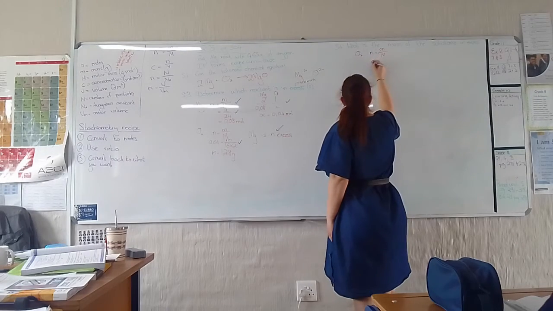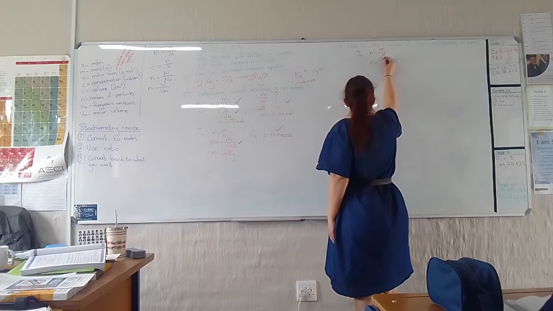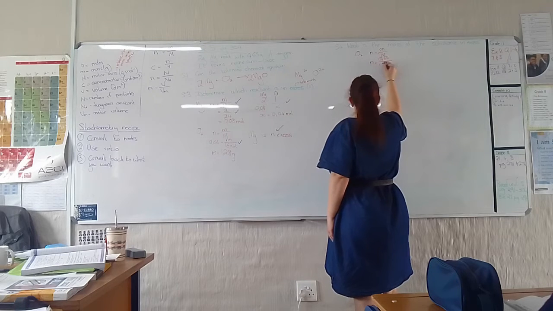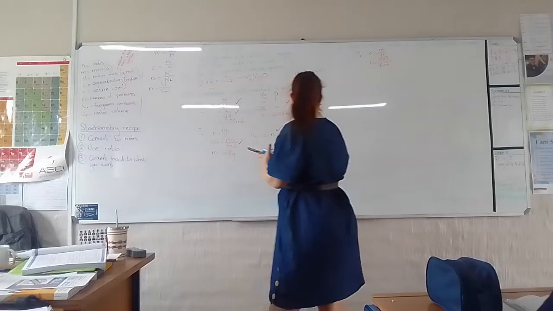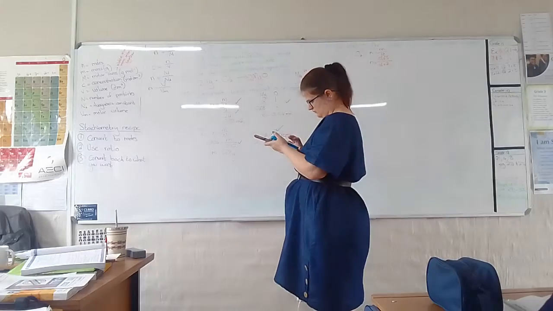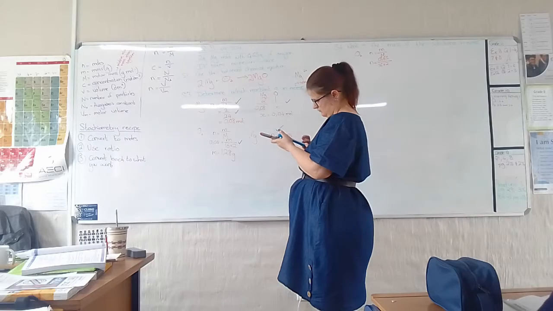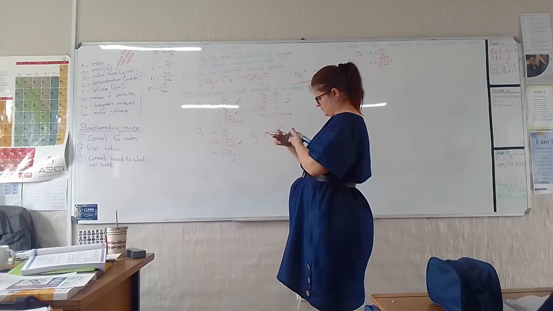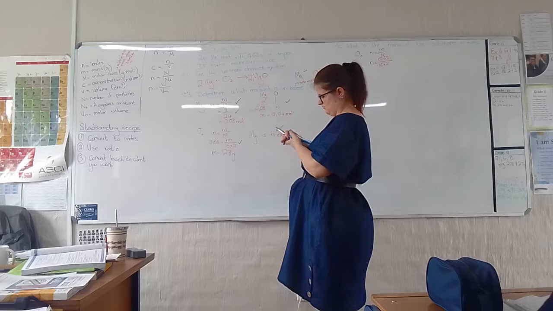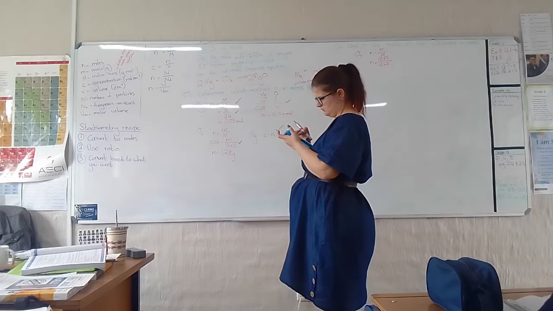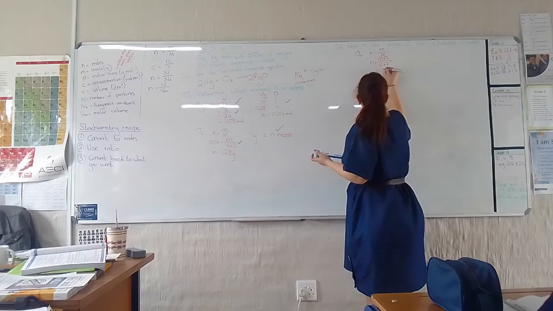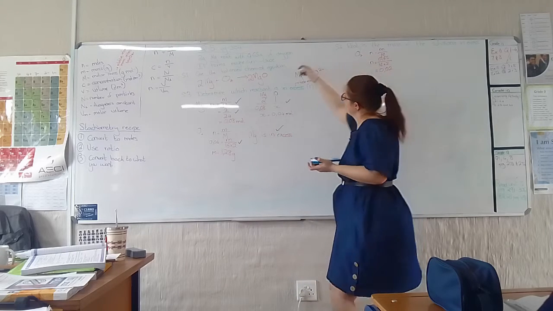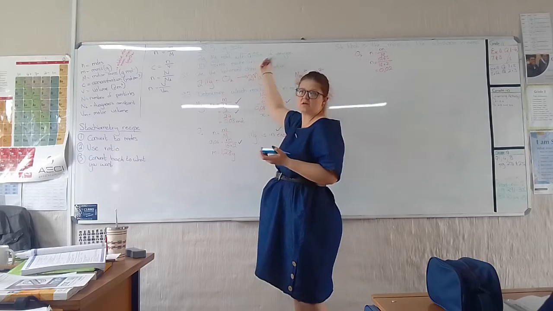So for oxygen, n is equal to my mass of 0.65 over my molar mass of 16 times 2. That gives me an answer of 0.02. The 0.65 is the mass of oxygen that was given in the question.